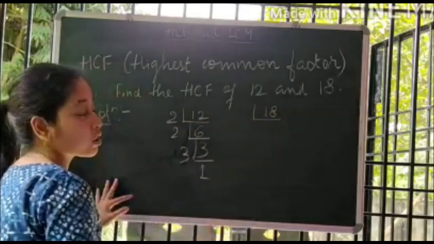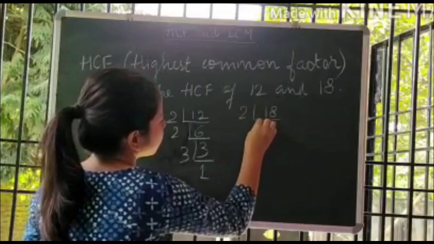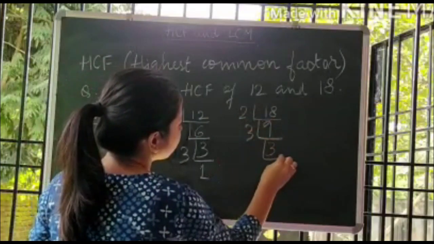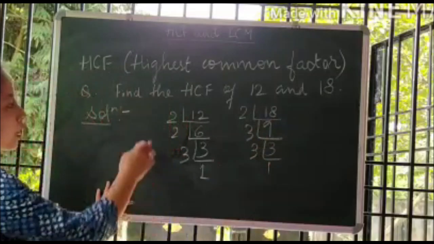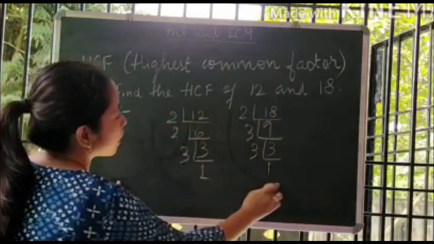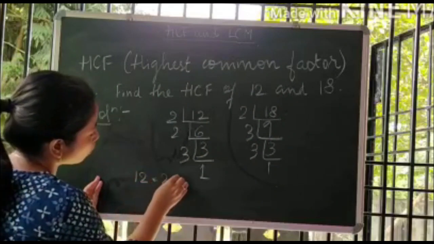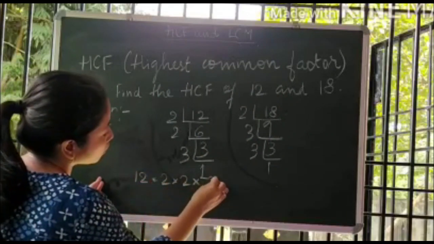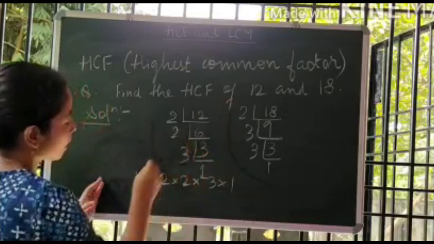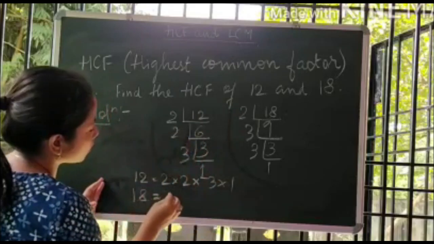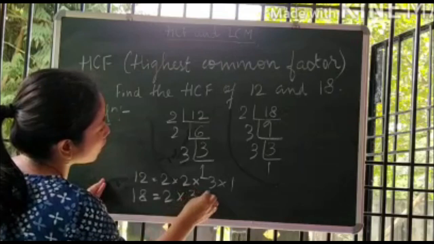What is the prime factorization of 18? 2 9s are 18, 3 3s are 9, again 3 1s are 3. So 12 equals 2 into 2 into 3, and 18 equals 2 into 3 into 3.